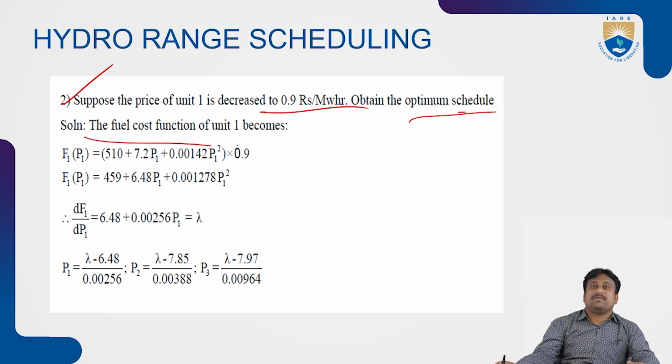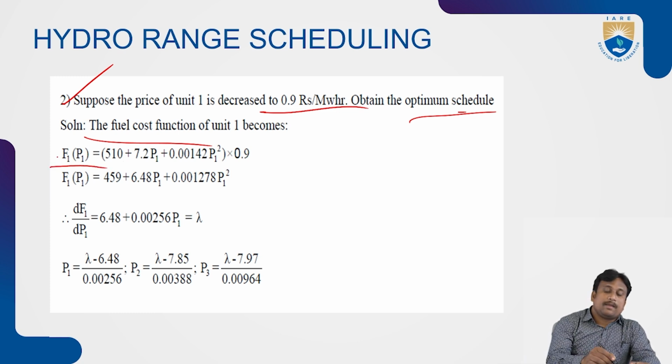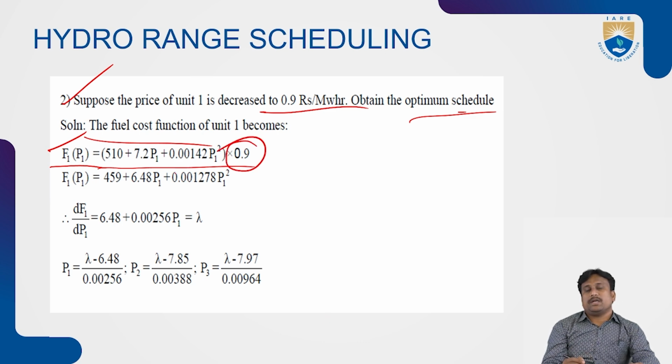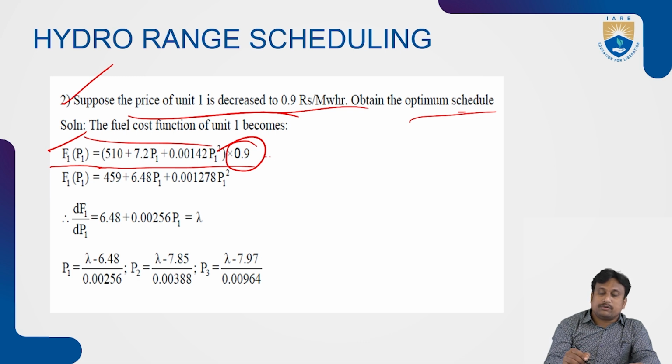The fuel cost function of unit 1 becomes F1 of P1 equals 510 plus 7.2 P1 plus 0.00142 P1 squared, which is multiplied by 0.9. Why? Because the price of unit 1 is decreasing to 0.9 rupees per megawatt. That's why we multiply here.